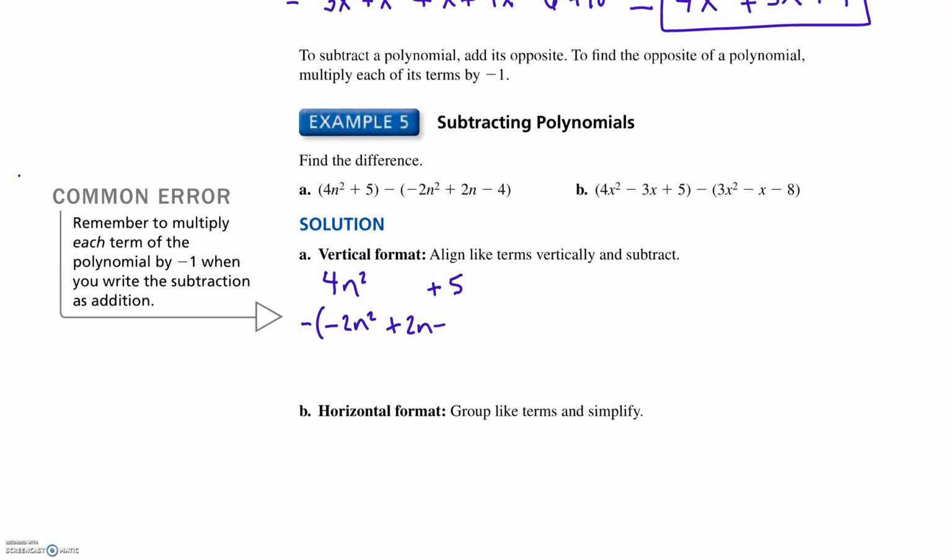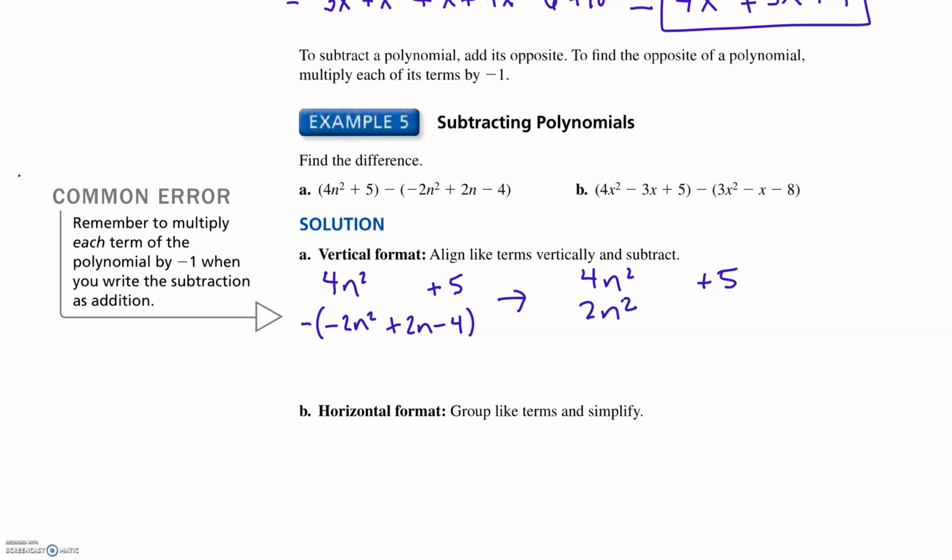And people make a lot of mistakes with subtracting. So what we're going to do is we're going to change the signs and we're going to add. So we have 4n squared plus 5. We're going to distribute the negative 1, or the negative sign. Negative and negative make positive, so that double negative makes a positive 2n squared.